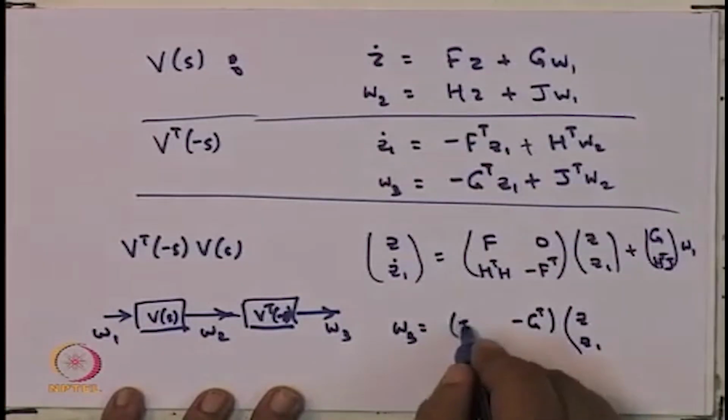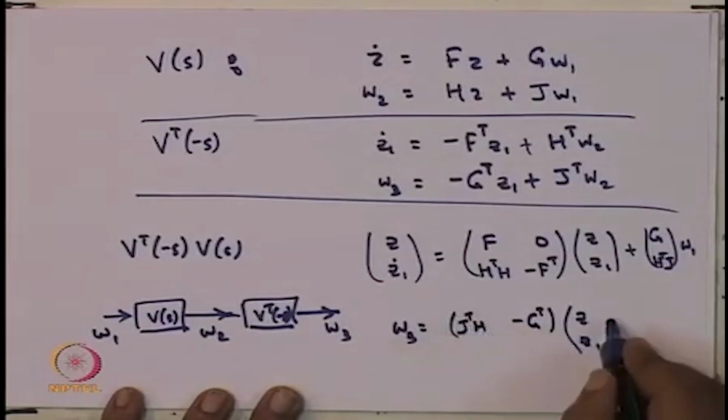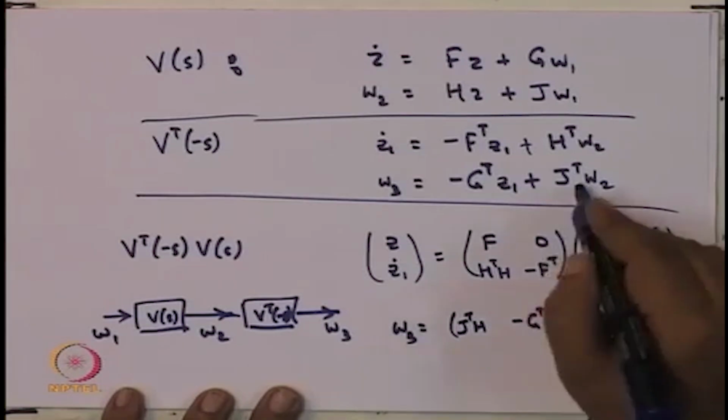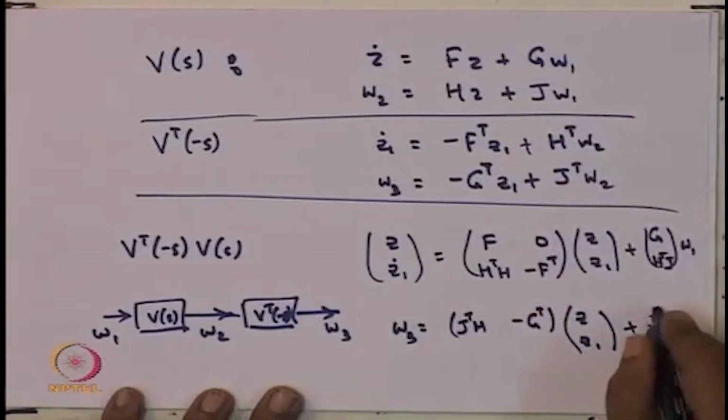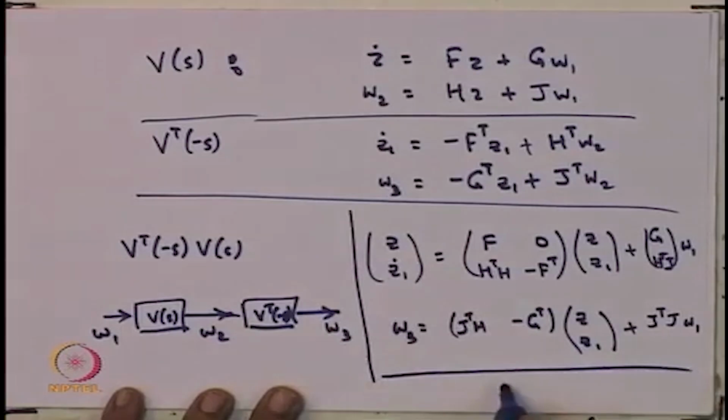So, putting that in there, I will have J transpose H times Z, and plus J transpose J times W1. So, this now is the minimal state representation for the right hand side.